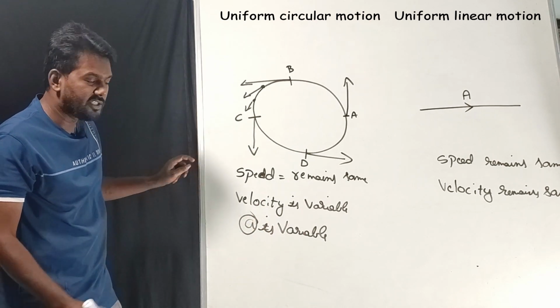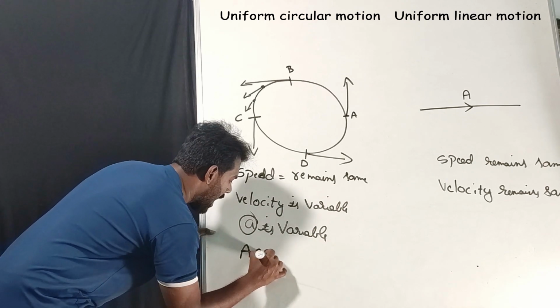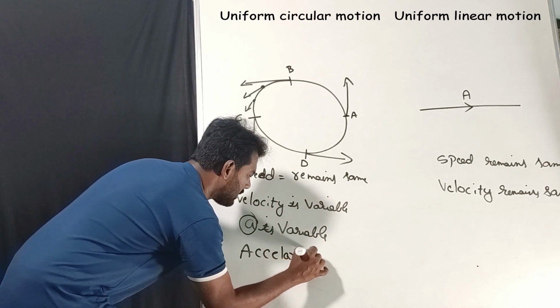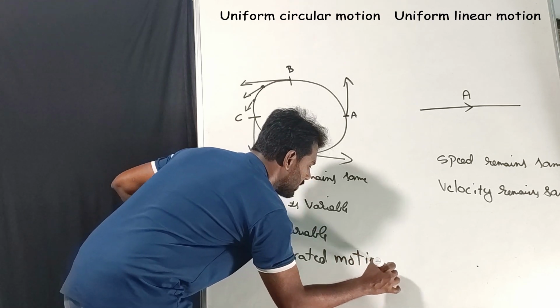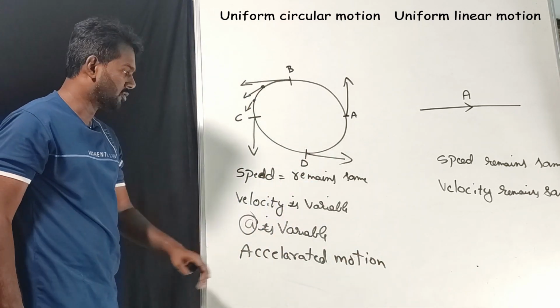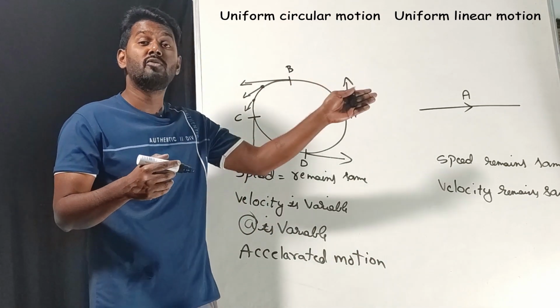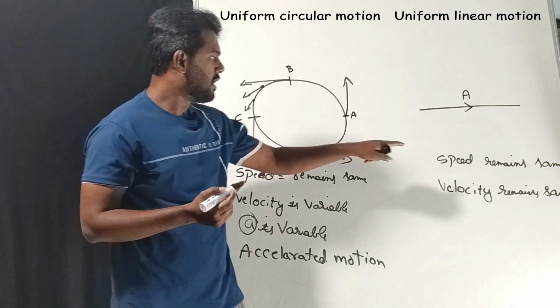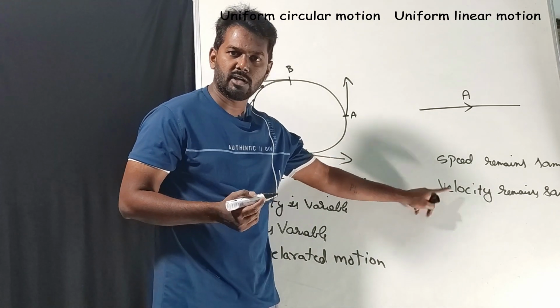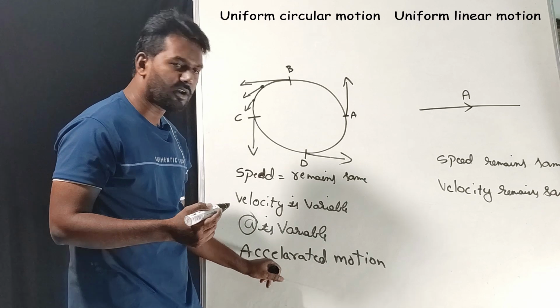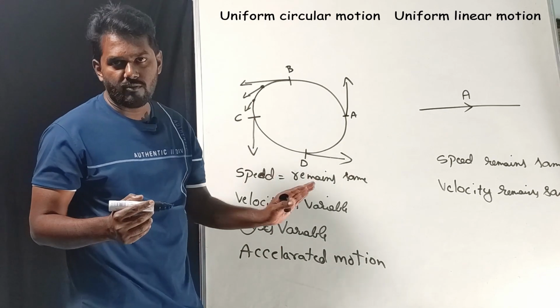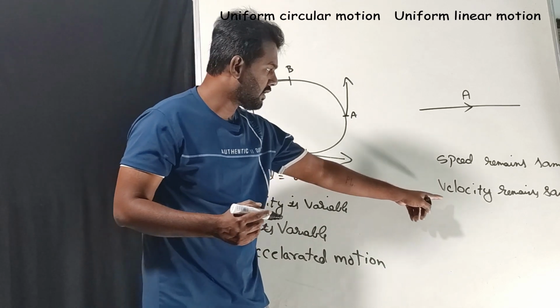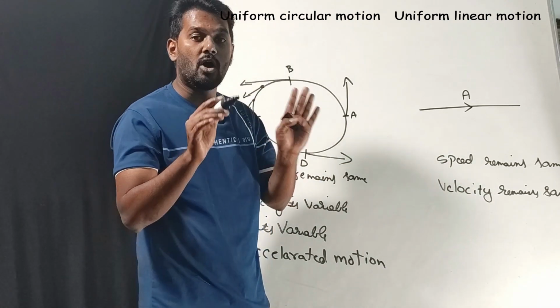So we can call this accelerated motion. Then what about uniform linear motion? Here speed and also velocity both are the same. Here we are calling this accelerated motion. Why? Because velocity is a variable quantity here, but there velocity remains constant.